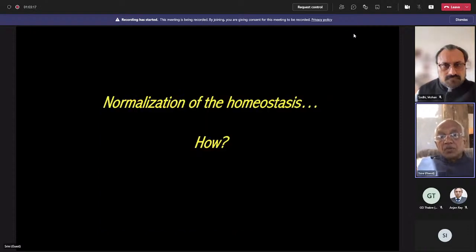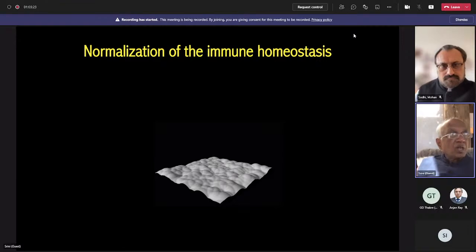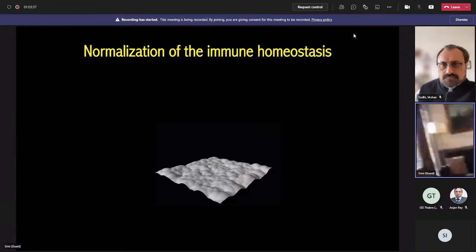So we have to normalize this, and I'll stop here by showing one representation. Your homeostasis, or your well-being, your good immune system, or your good digestive system, everything is perfect, like your perfect day today in Dehradun, or where I am sitting in the Alps.